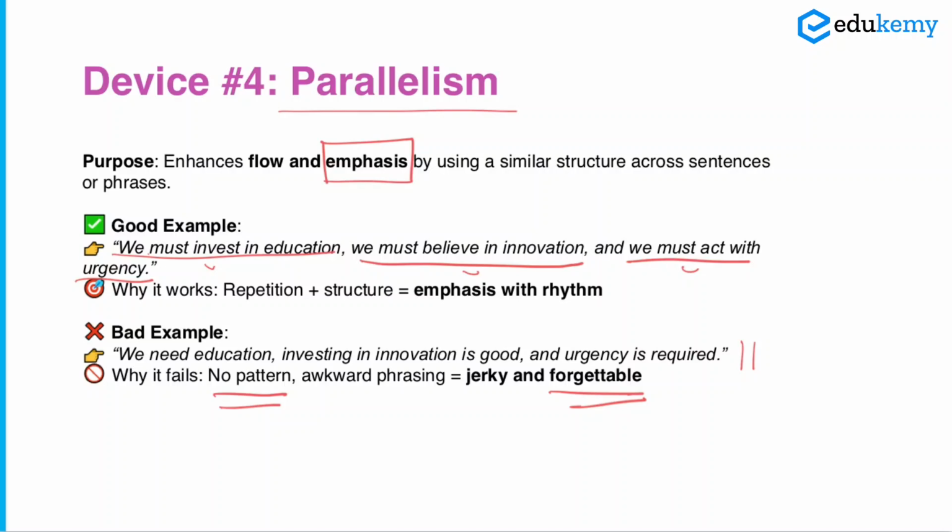And the phrasing is also a little awkward and jerky. But I think the key thing here is that there is something that repeats, and that repetition and rhythm is very important. And these are easy to identify when you see them, and you know when you don't see them.